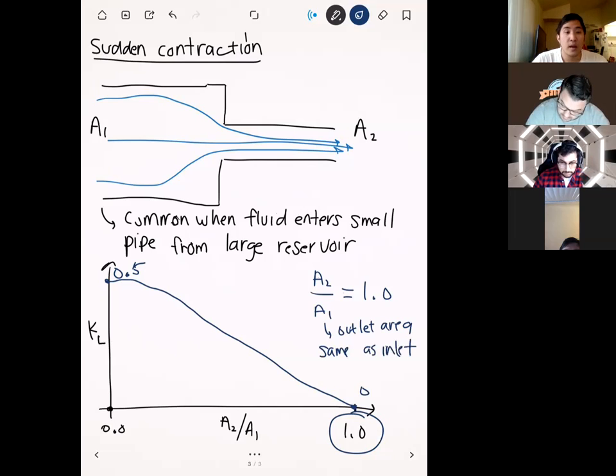In this situation, we don't actually have a contraction. We just have a straight section of pipe. And in those cases, we don't have any minor losses associated with that. So that's why the graph goes down to 0 as we get down to this end right here.